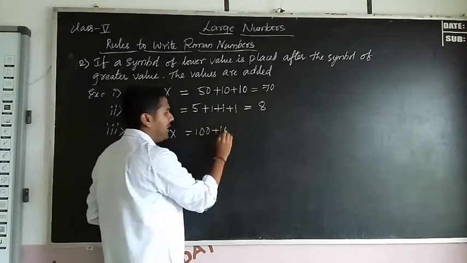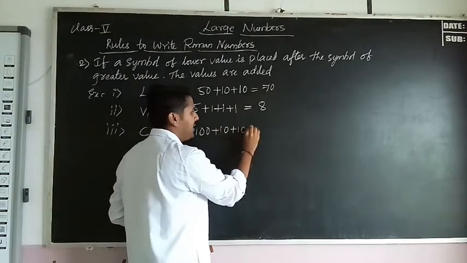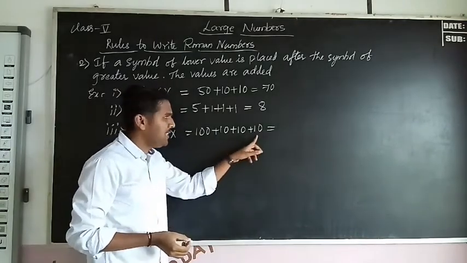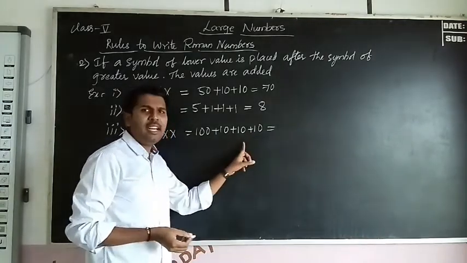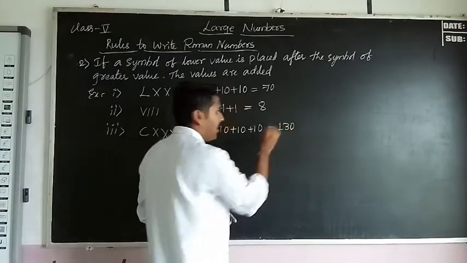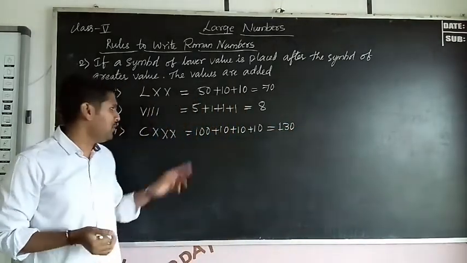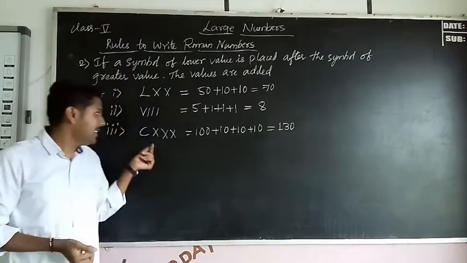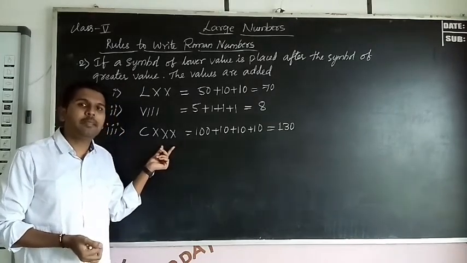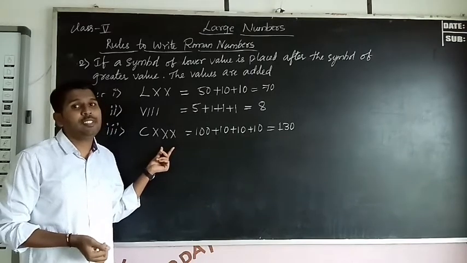So add it: 10 plus 10 plus 10. So what will be the answer? 10 plus 10 plus 10, 30. 100 plus 30, 130. So we can write 130 as CXXX. X, how many times? 3 times. Maximum 3 times you can use the letters.